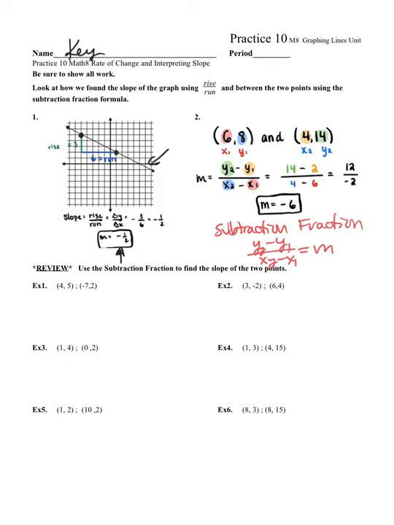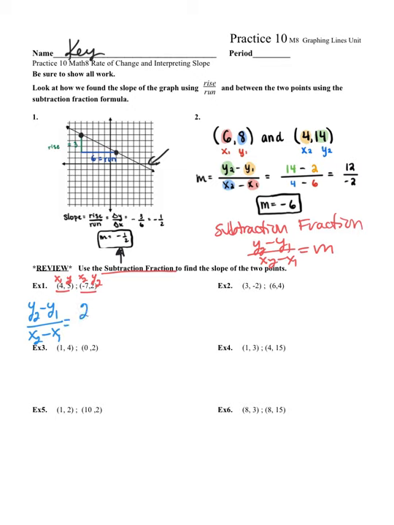So now we're going to find slope using the subtraction fraction of 2 points. So let's write up here x1, first x, first y, second x, second y. Then we'll use our subtraction fraction, second y, first y, minus, subtract each other, x to the second minus x to the first.